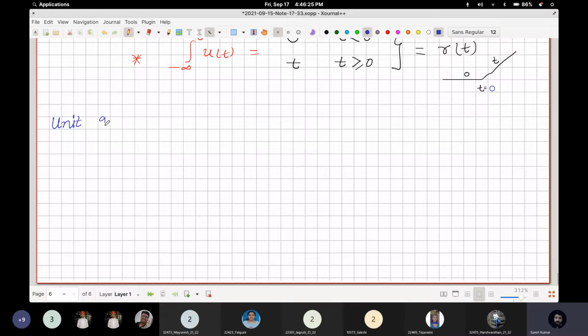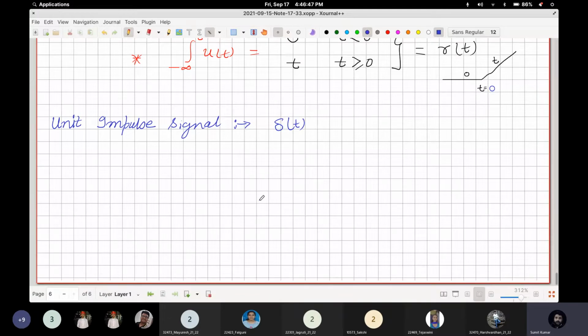This signal is denoted by delta of t. Is this clear to all of you?